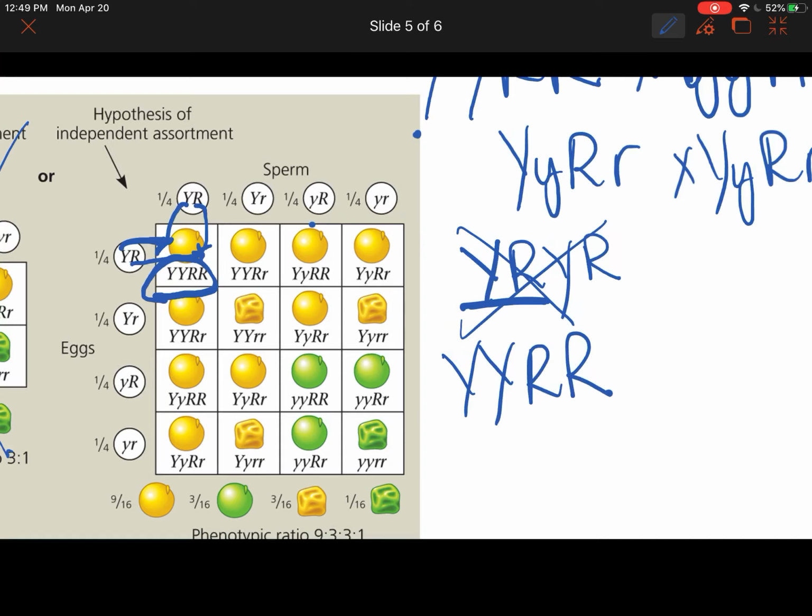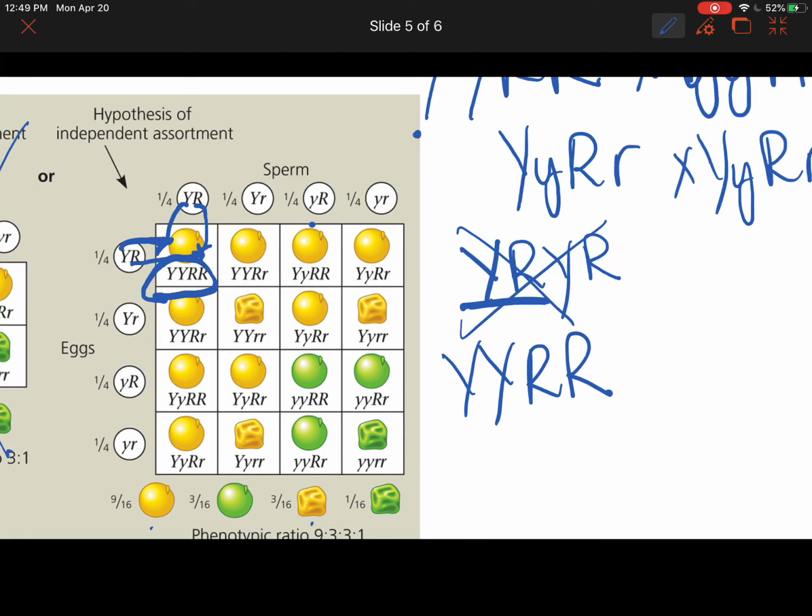So when you do these dihybrid crosses of the F1 generation, what you see is that you're going to have most of your offspring with the dominant phenotype for both traits. More than half of them are going to be round and yellow.